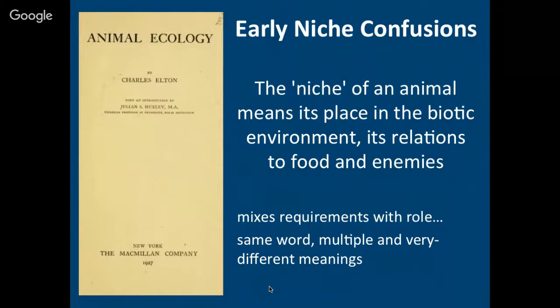And this is really something that we're dealing with to this day in the literature, because one person says niche and another person may not understand exactly what that person was trying to refer to.